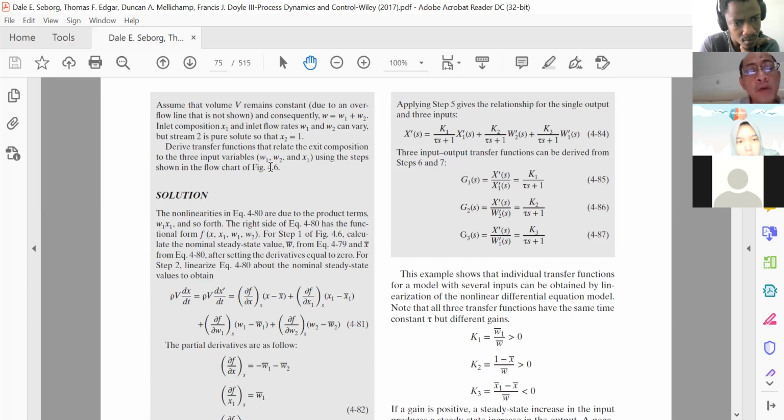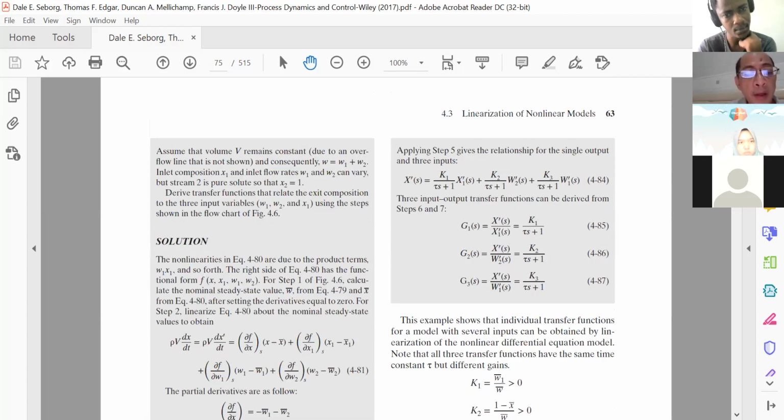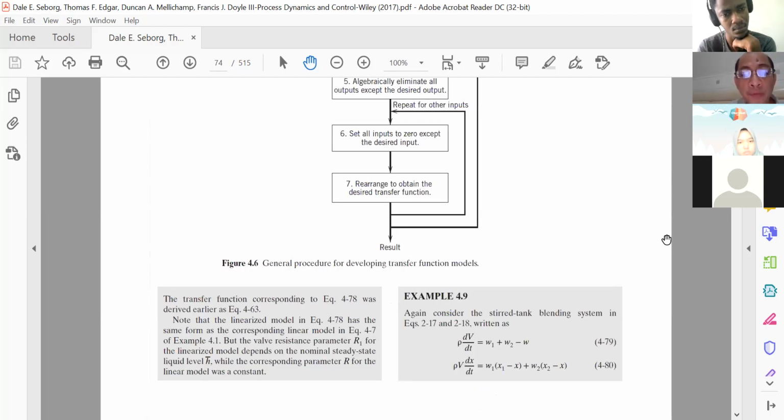If we go back to the equation here, W1 is not a constant now. X1 is not a constant now. So you have a multiplication of two variables, W1 and X1.